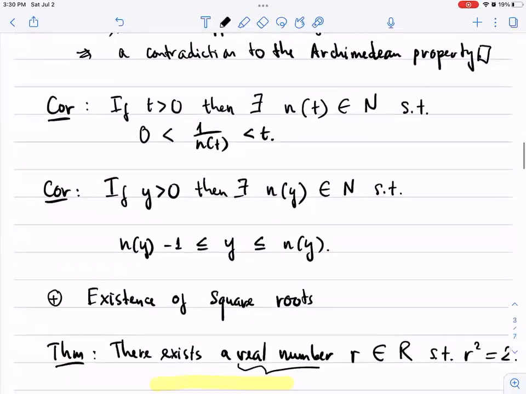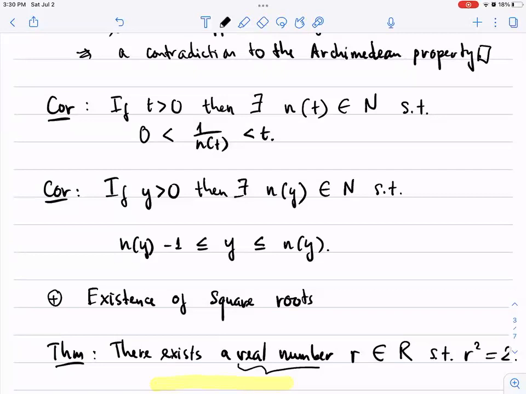There are several corollaries we can deduce from that statement. The first one says that if t is any number greater than 0, then there exists a number n, depending on t, which is an element of the set of natural numbers such that 0 is smaller than the reciprocal 1 over n and smaller than t.